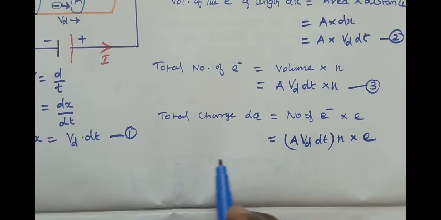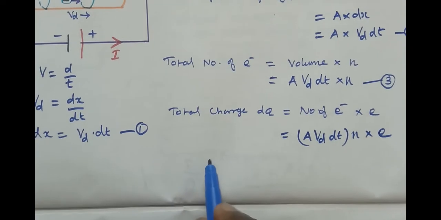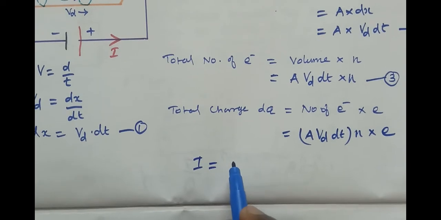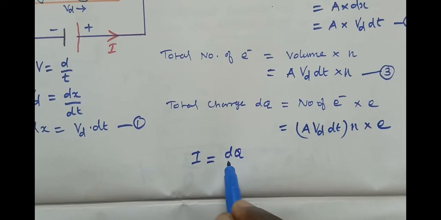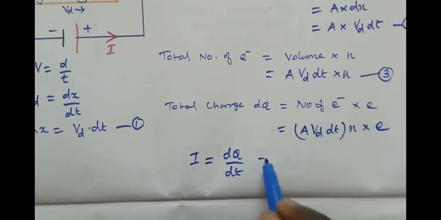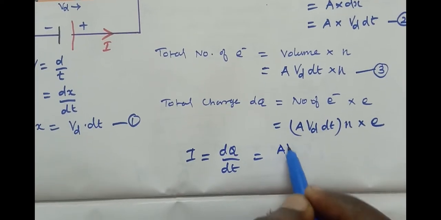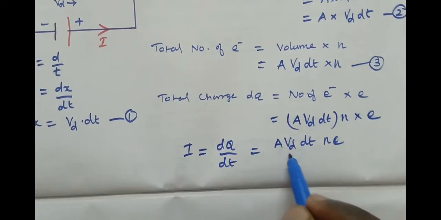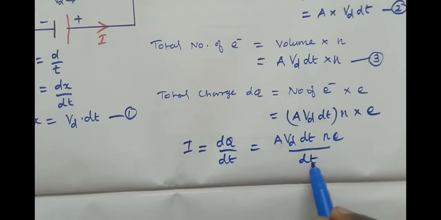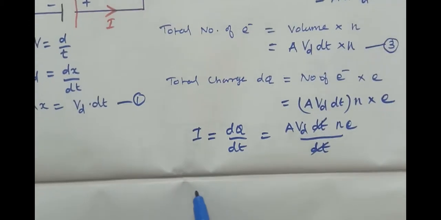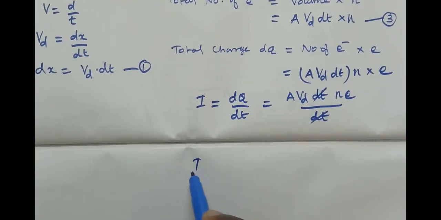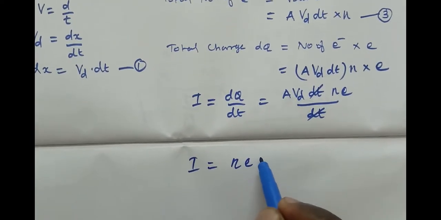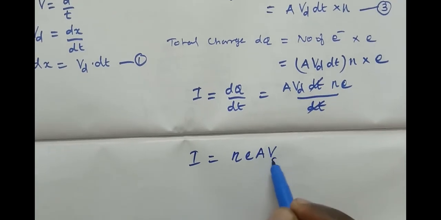Now calculate current. Current I is equal to, what is the formula for current? dq by dt. Therefore, what is dq? A vd into dt n into e divided by dt. Here dt is cancelled. Now current is equal to n e A vd.